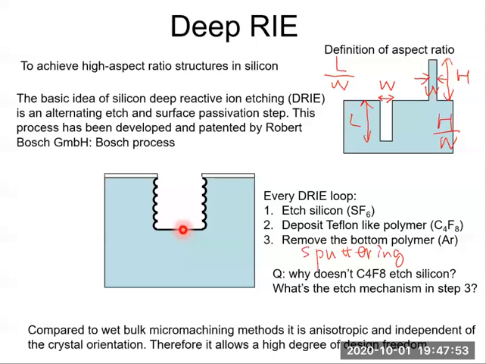However, we can fabricate such trenches using deep RIE on a 100 wafer. So these vertical side walls do not need to be 1-1-1 planes. They can be any arbitrary plane. This is a design freedom offered by deep RIE.